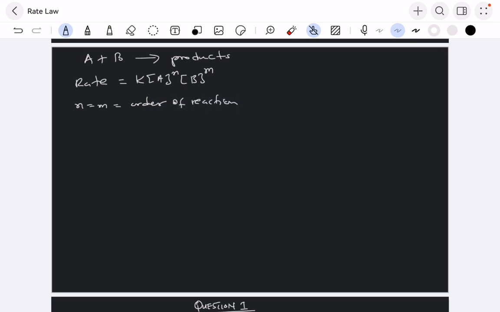So to determine the overall order of reaction, we add n plus m.